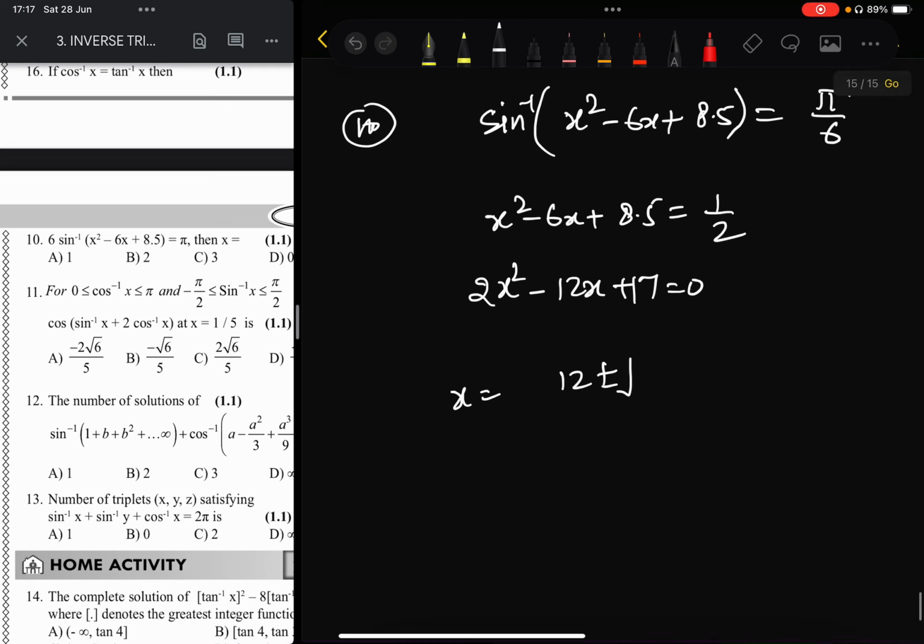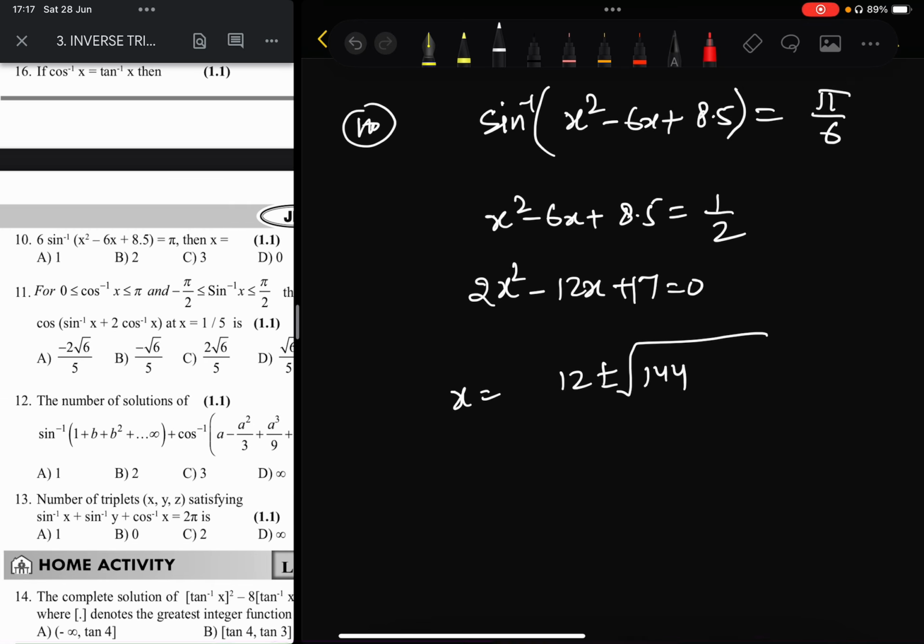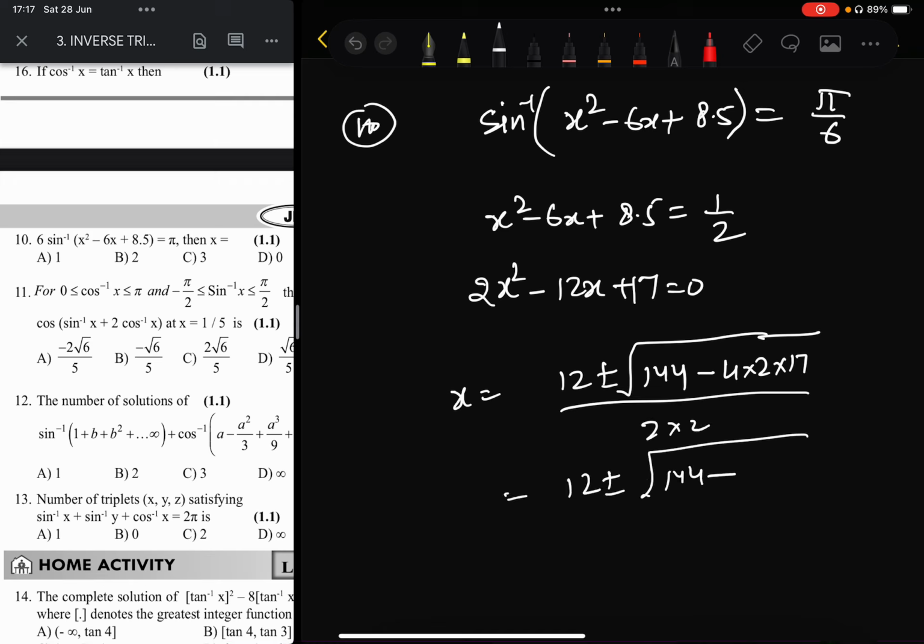So that is 12 plus minus the square root of 12 square, that is 144, minus 4 into 2 into 17, divided by 2 into 2.